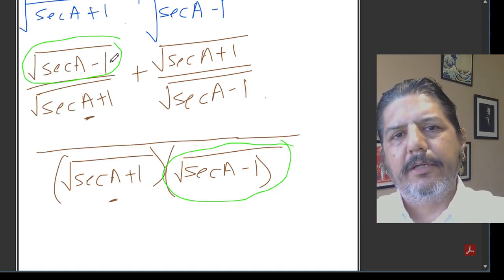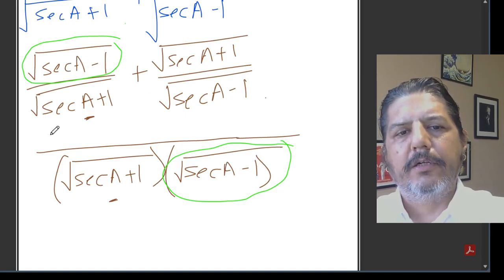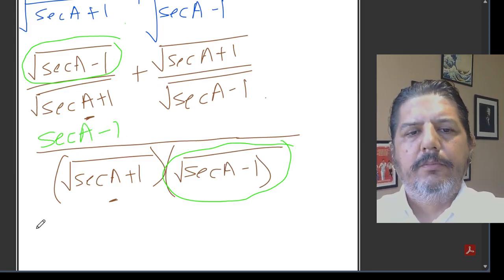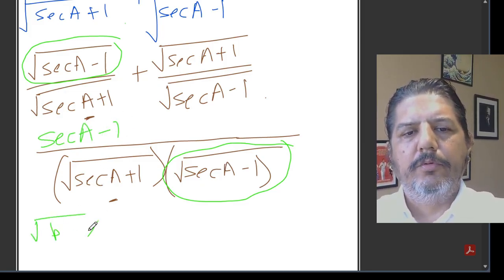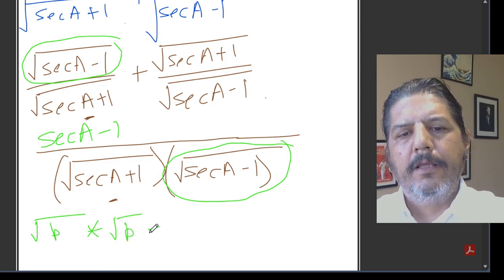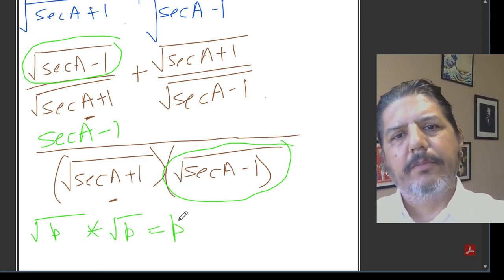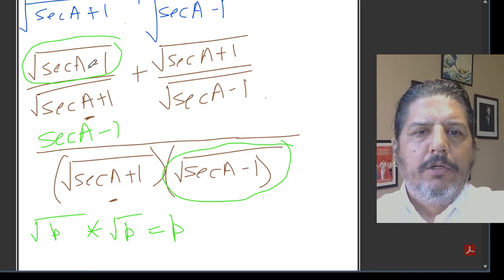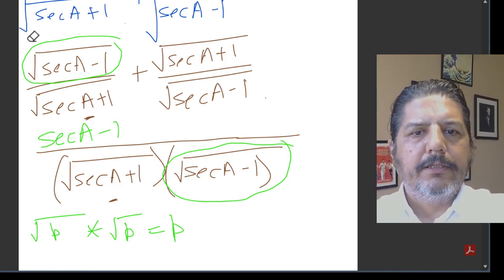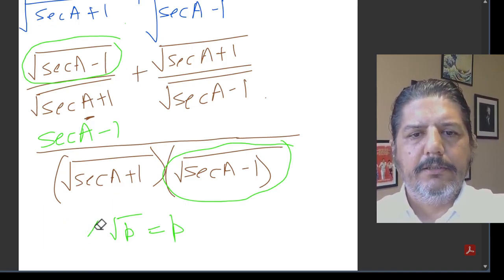So root secant A minus 1 into root secant A minus 1 would be equal to secant A minus 1. The same rule as saying root p into root p. If we are multiplying the square roots of the same number, that is equal to the number itself. So this is done. Now let us look at the next term.